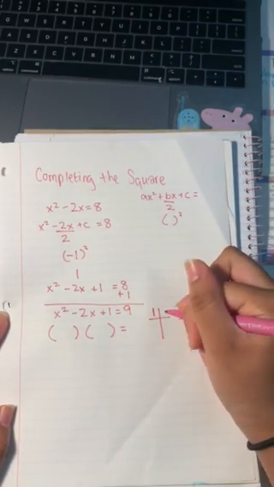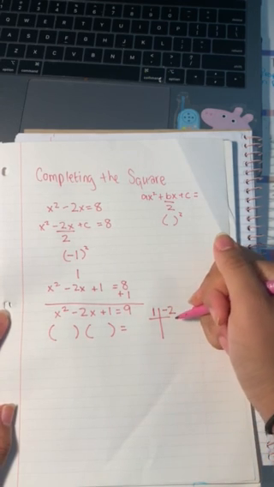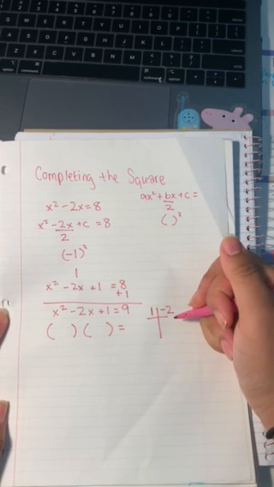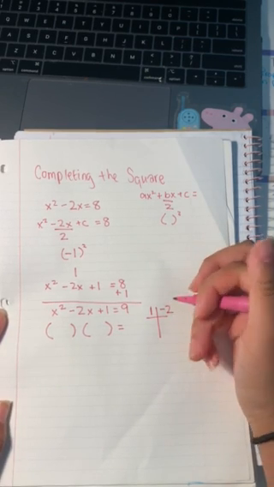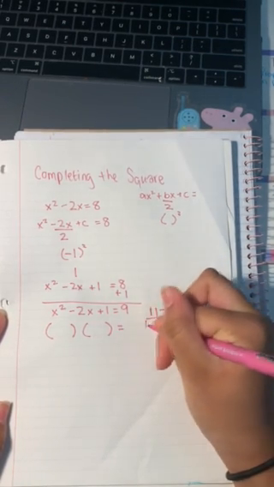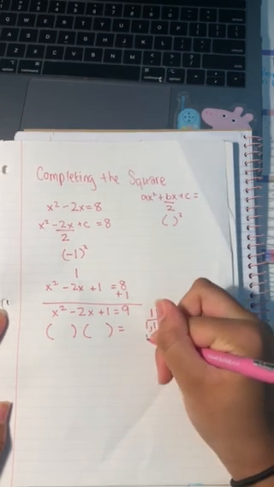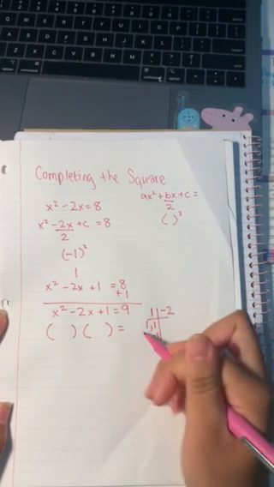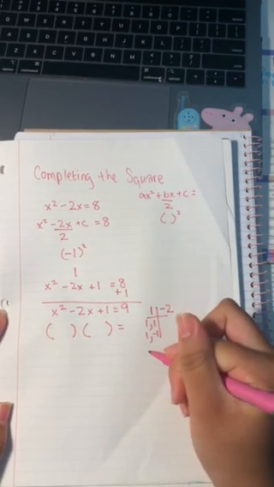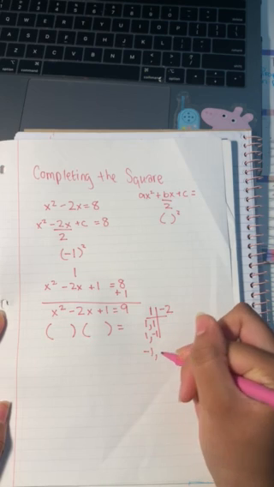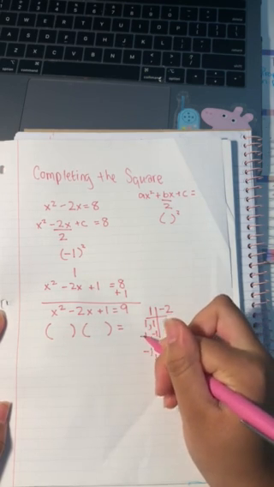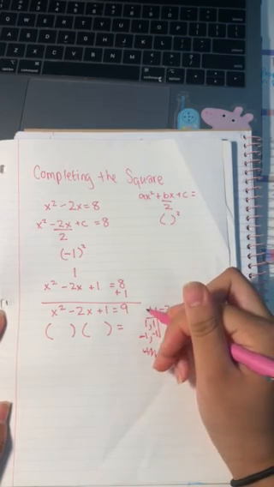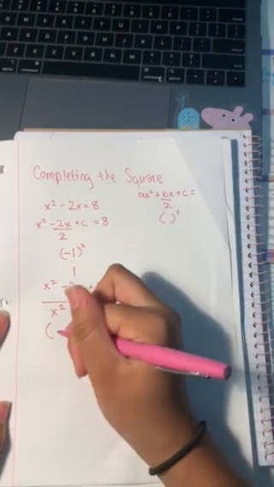Sometimes this can be complicated, but since these are smaller numbers, they have fewer factors. Factors of 1 are 1 and 1, and 1 and negative 1. But since this is a negative 2, it's going to be negative 1 and negative 1. Sorry, my bad, just scratch this out, because 1 and negative 1 is 0, not negative 2. So we have x minus 1.